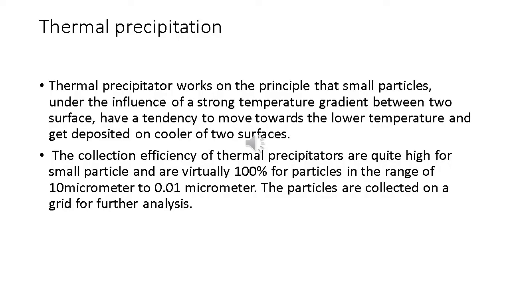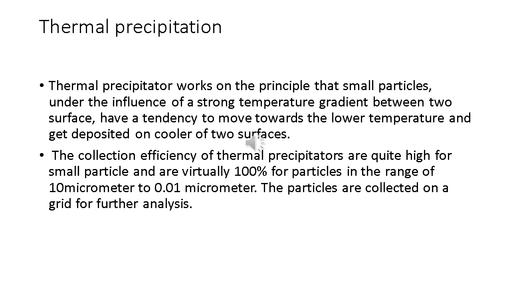Thermal precipitation. This thermal precipitator consists of two surfaces with a high temperature gradient between them. The smaller particles have a tendency to move towards the lower temperature and get deposited on the colder of the two surfaces. These temperature gradients are normally of the order of 3000 degrees Celsius per centimeter.